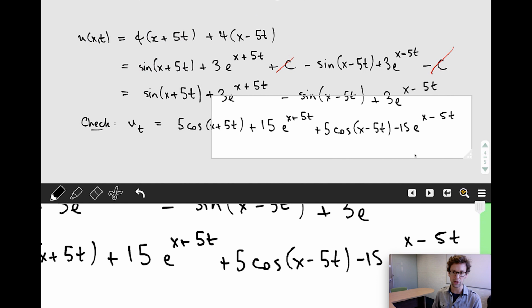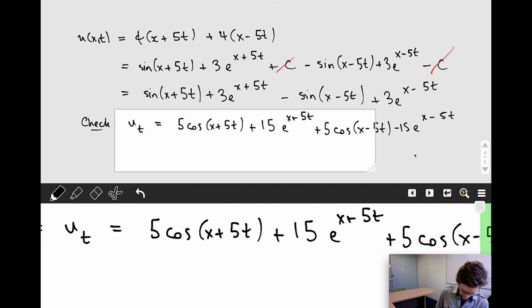So just using the chain rule there to evaluate the partial derivative with respect to t, let's do it again.